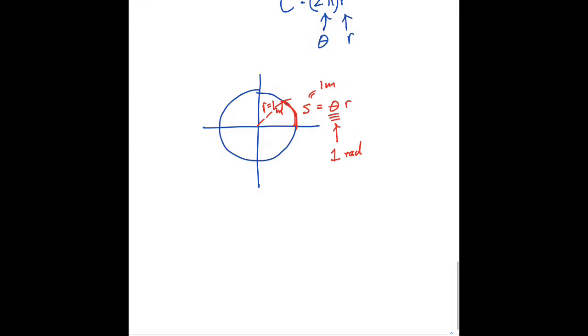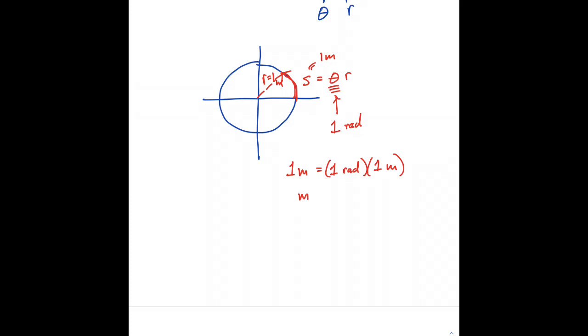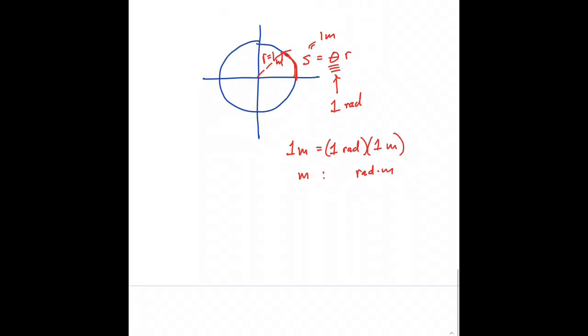But notice what we're saying here. We're saying 1 meter is equal to 1 radian multiplied by 1 meter. That doesn't quite look dimensionally correct. It looks like we have meters on one side of the equation versus radian meters on the other side of the equation. But that's the magic of measuring angle in radians.